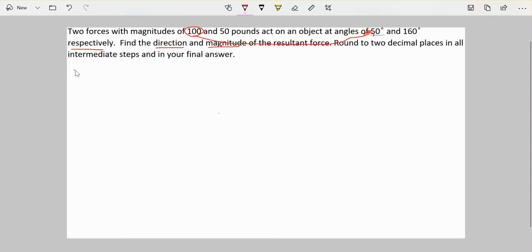Let's say I create vector v, and for vector v, I'm going to take that 100, which is the force of the first vector. I'm going to multiply that 100 by the cosine of the angle, and that's going to give me the first coordinate of the vector, and then the sine of the angle.